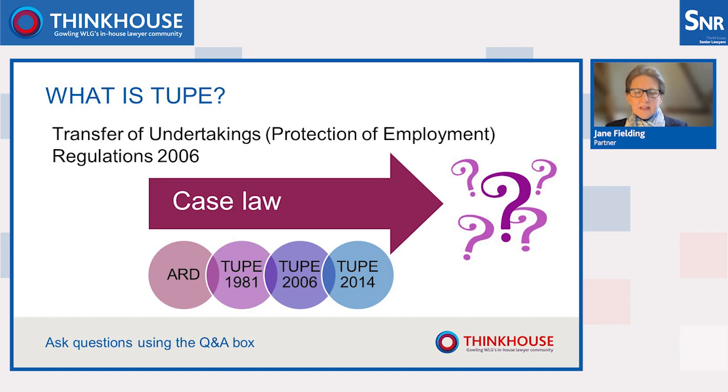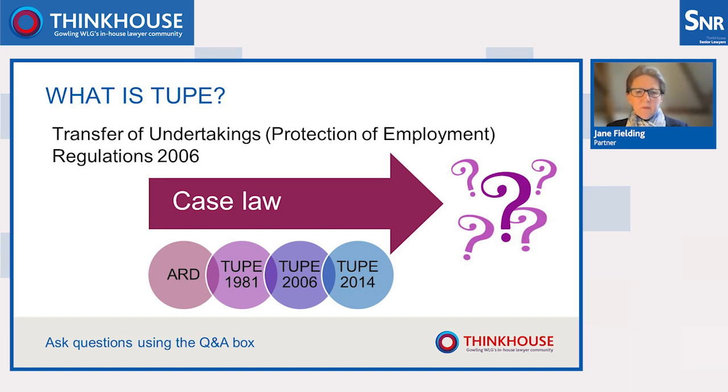And it's about protecting employees in situations where either the business that they work in is sold as an asset transfer, or where the services that they're working in are provided by a different provider going forward. So a sort of outsourcing or insourcing situation, which Hannah will come on to look at.